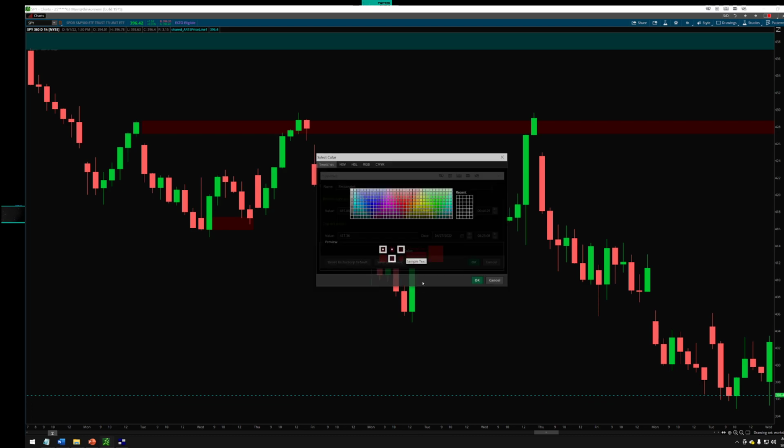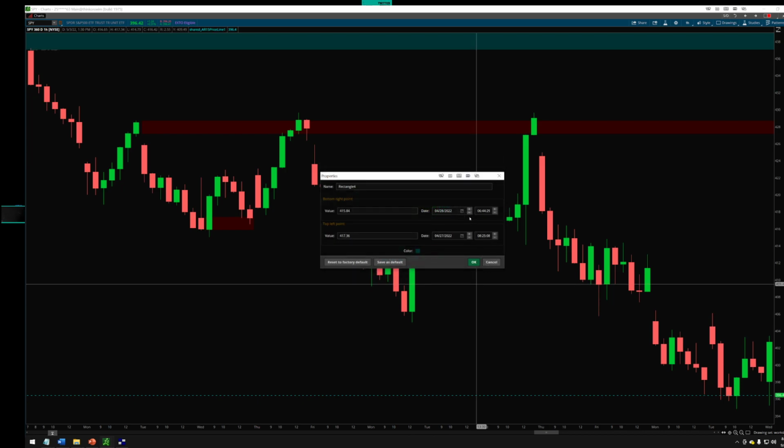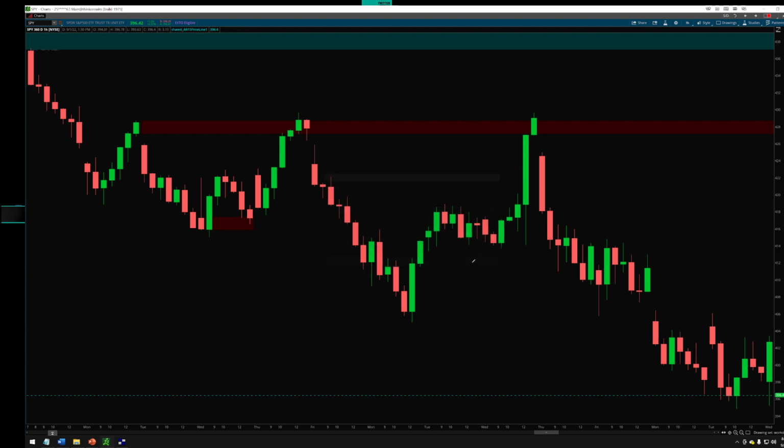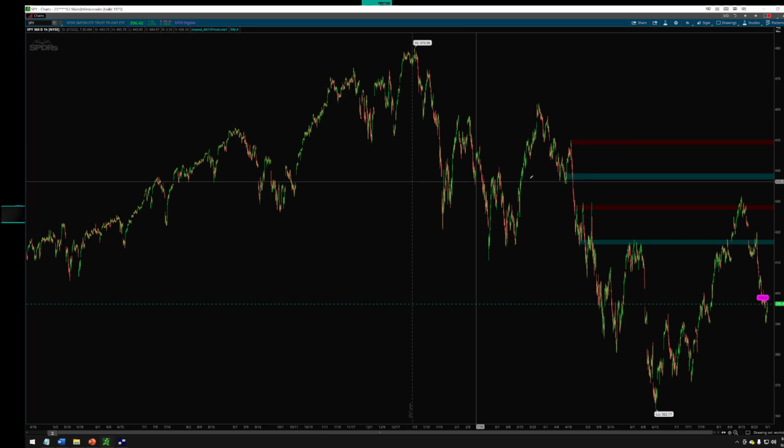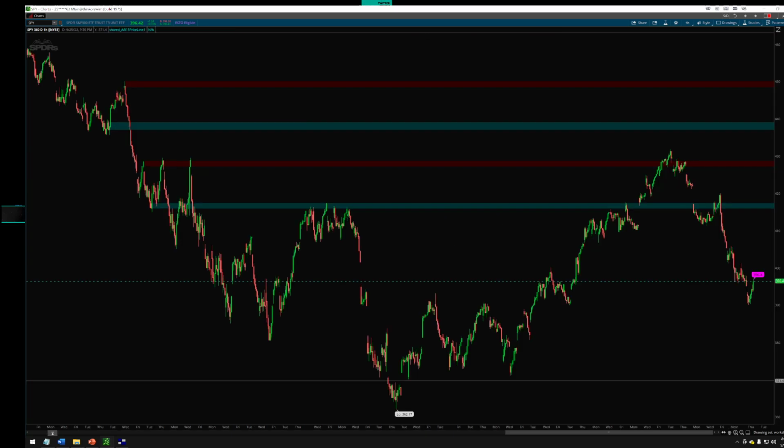Put it in green. Why? Because it's an up move, so you know that it is a demand area. Okay, now you zoom and you want to see how it reacts, right? In order to test it.